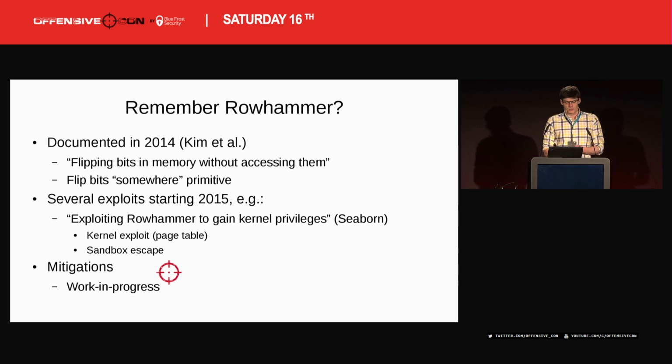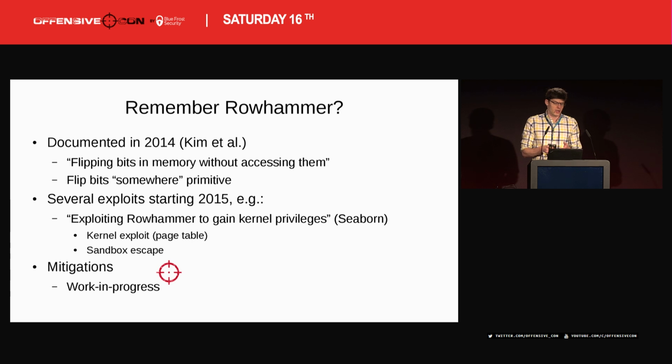However, everything is work in progress because we still want to thoroughly understand how Rowhammer works. We are making progress, but in order to propose a decent solution, we really have to understand the phenomenon. My work is in the direction of mitigations, but it's more offensive because I'm going to show why one of the defenses doesn't actually work.